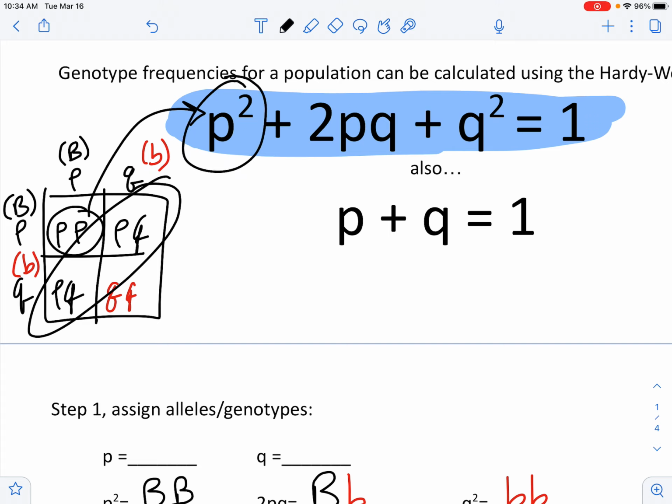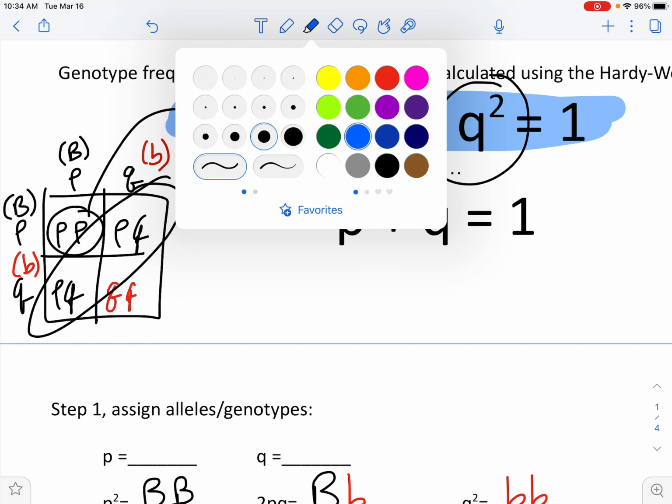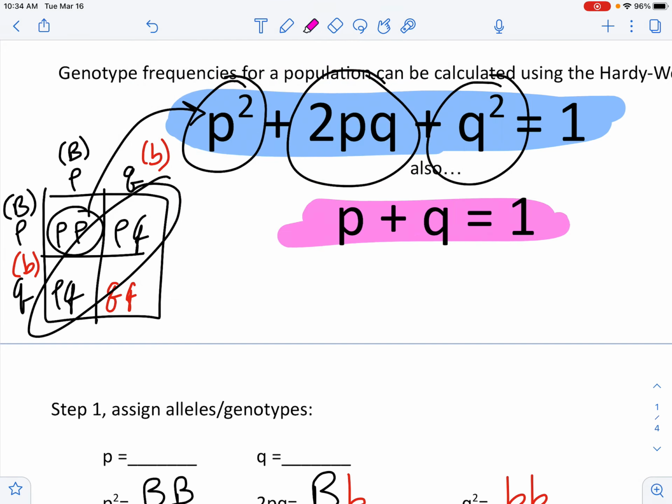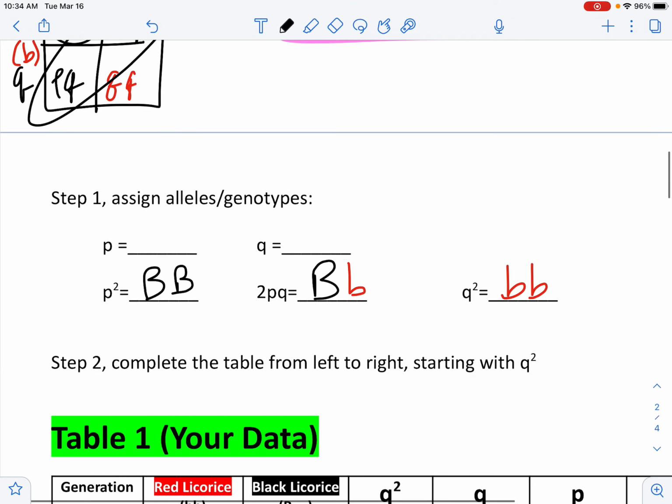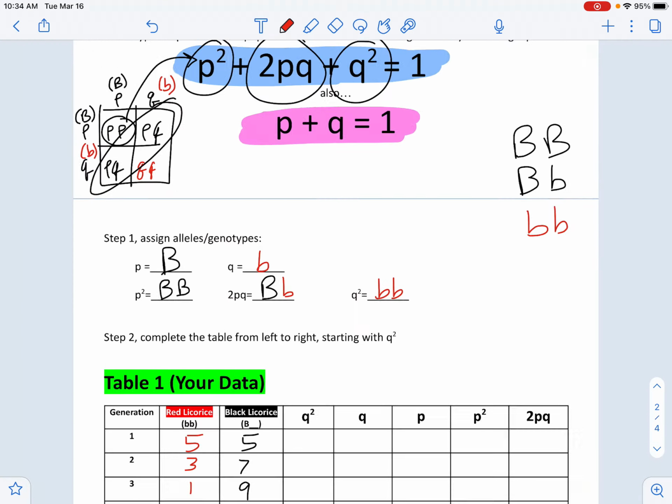So this would be the dominant homozygous genotype, the recessive homozygous genotype, and this would be the hybrid genotype, okay? And this lower equation is really showing just the alleles separately, okay? So P would be the dominant allele, and Q would be the recessive allele, okay?